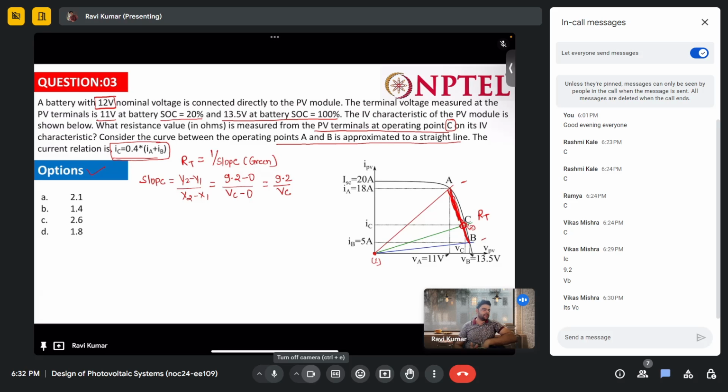What is the slope of the AB line? I am writing here, slope AB. What is the slope of AB?